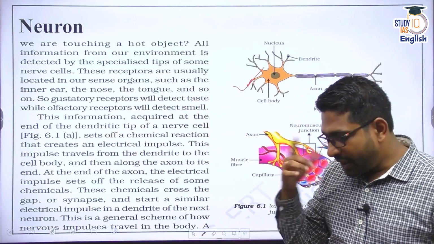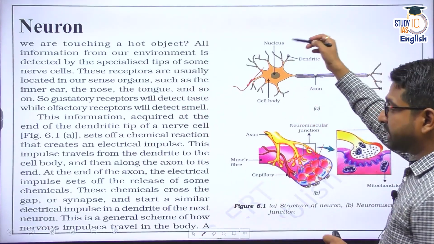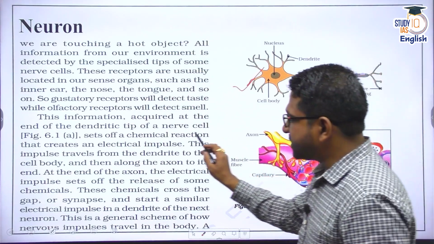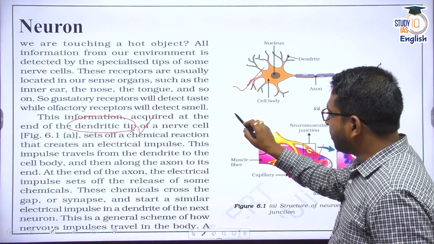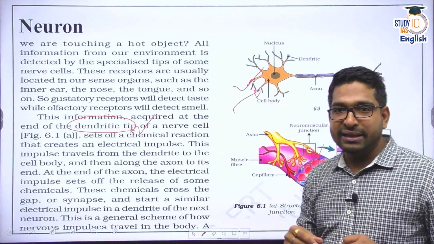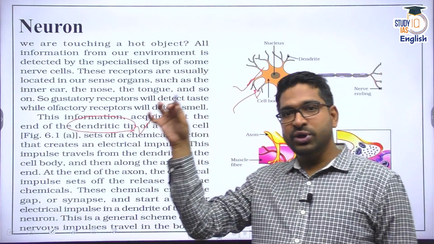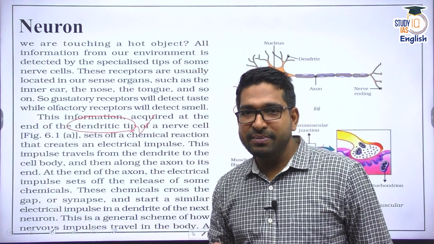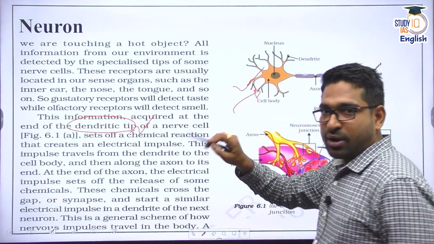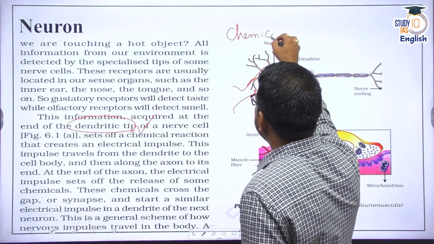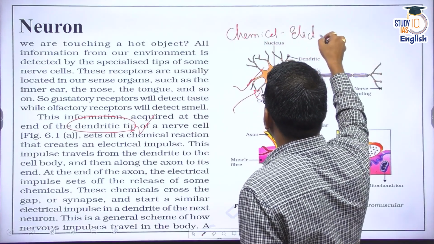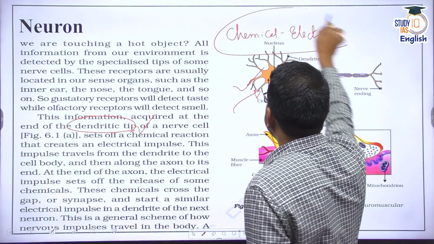All right, so what happens? The neuron receives this information at the dendritic tip. At the dendritic tip, my brain has just now sent a signal that you have to move this pen from here to here. Please remember that signal transfer happens in this format: chemical to electrical, and electrical to chemical transformation.